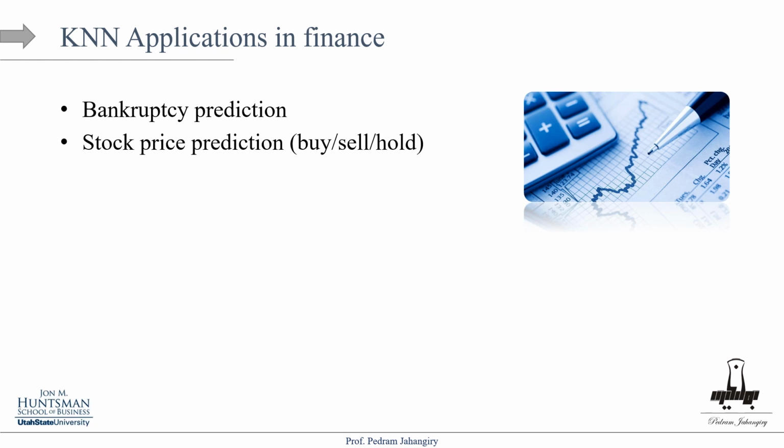Another example is stock price prediction. We're not necessarily interested in the level of a stock. We are looking at the sign of the bet, so let's say buy, sell or hold. Here, I want you to remember not to get super excited about stock price prediction in general when it comes to machine learning, because the best accuracy we can get is around 53, 54% with KNN in the literature.